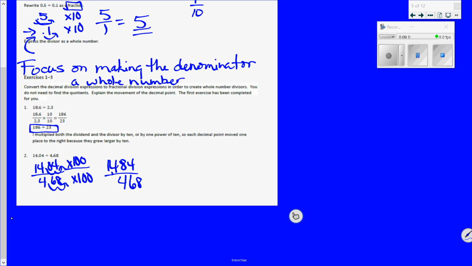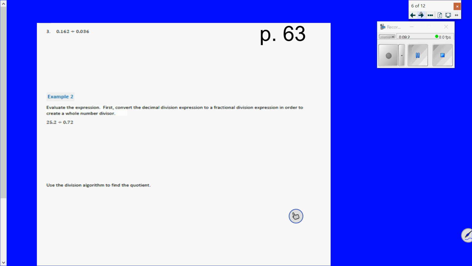Okay, so go to the next page. I know it's on the same page for you guys. We're going to do the same thing on this one. So I'm going to rewrite this as a fraction. So 162 thousandths divided by 36 thousandths. So what place value did we say for the denominator? 1,000.